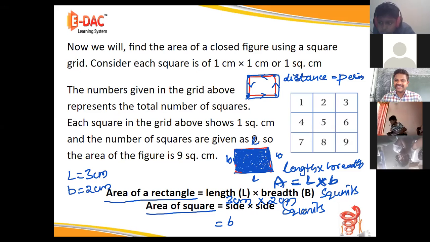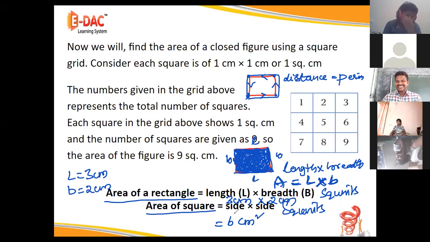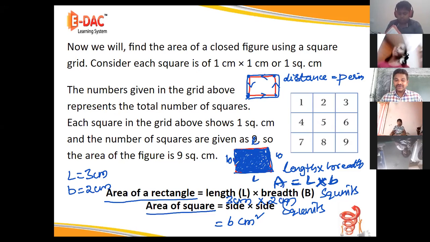Centimeter into centimeter, centimeter square. That is square centimeters. That is why I told you that the units of area are square units.